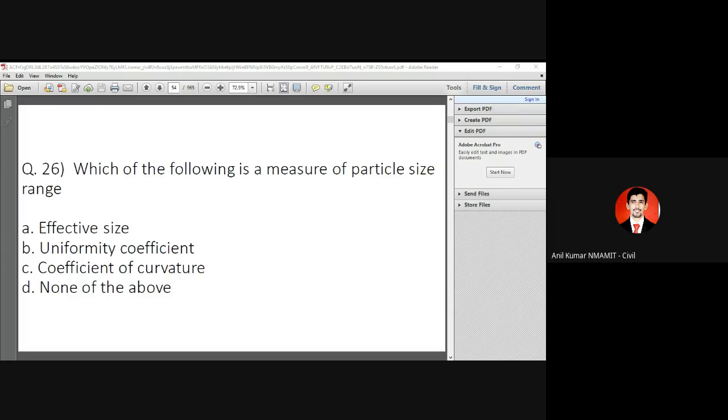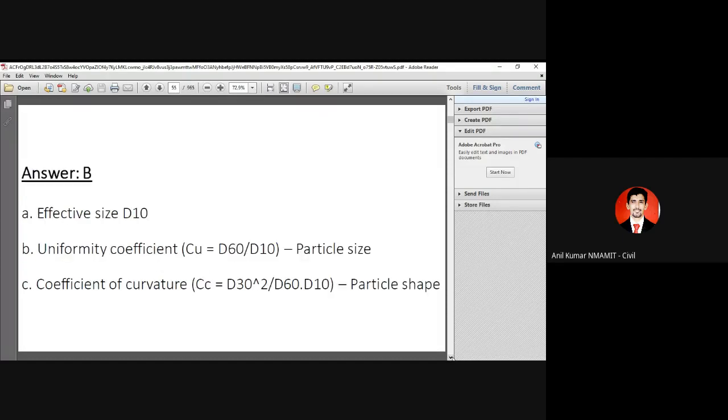Anusha has given A. Ashrita has given B and Nitin has given A. Okay, we have 2 students with A and 2 students with B. Fine, the answer is B.